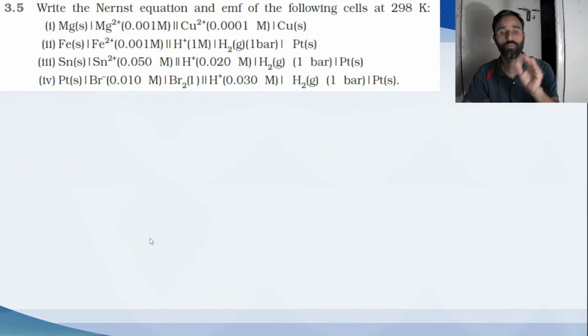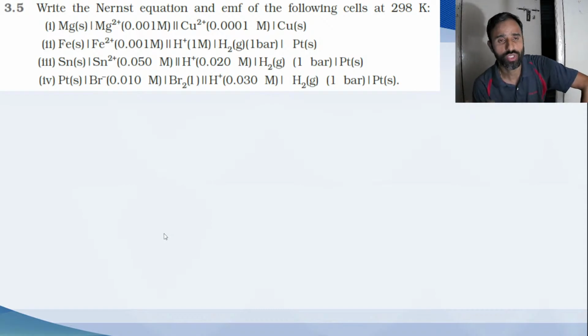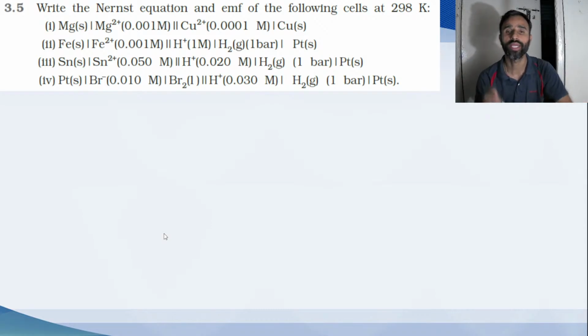Now 3.5, a very important question. There is always a question from this part. Write the Nernst equation and EMF of the following cells at 298 Kelvin.